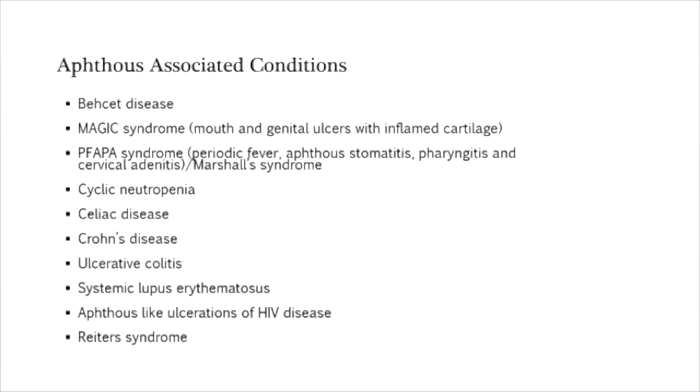Okay. So next we're going to talk about some conditions, some that you have seen, and some that you haven't, and the ones you haven't we're going to talk about today. These are some conditions that you would have heard me saying, aphthous ulceration. Aphthous ulceration can be associated with lots of systemic conditions, including some that we've talked about recently.